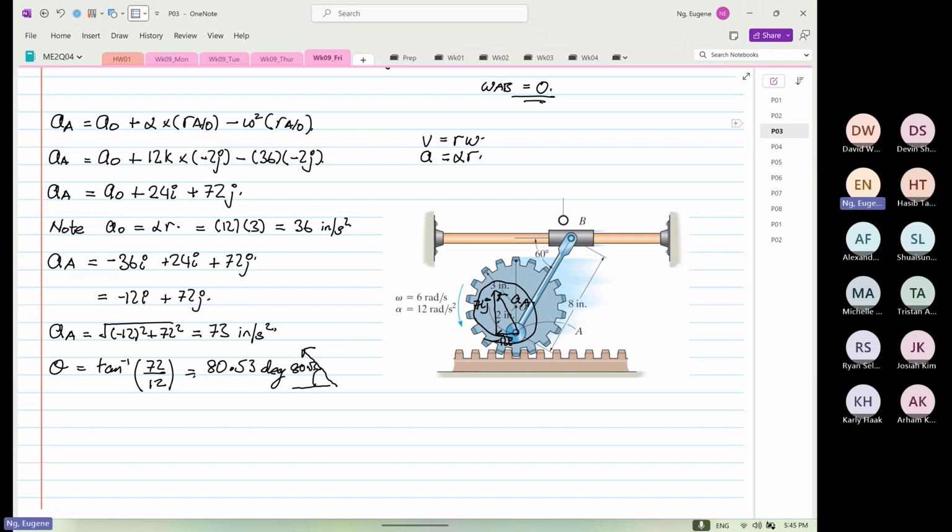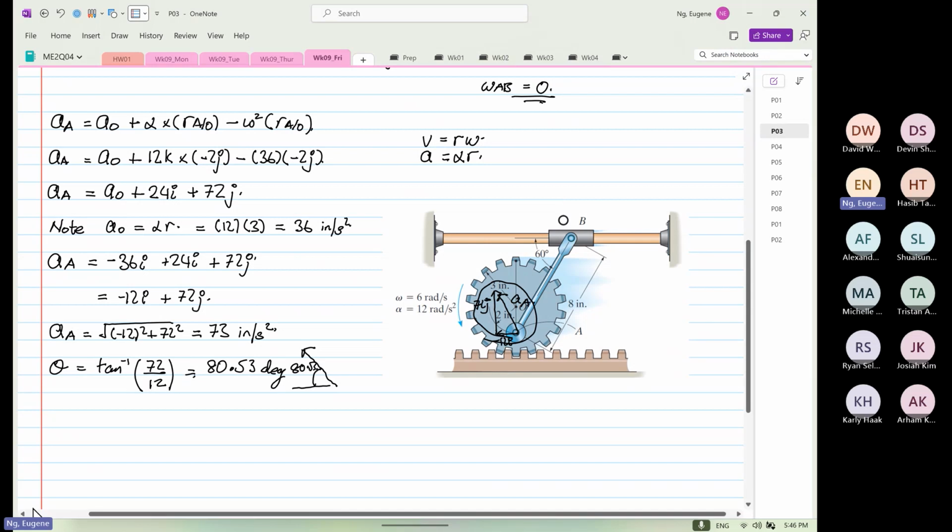So if a question like this comes out in your term test, I will tell you either leave it in Cartesian form or I want you to find the magnitude. So this is finding the magnitude. Yes, because I provide that formula over here, yes?